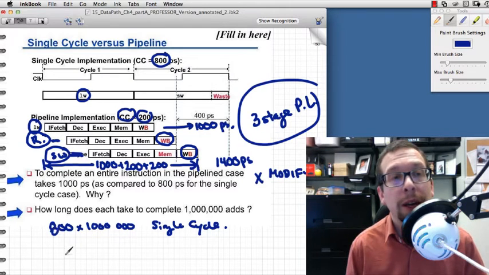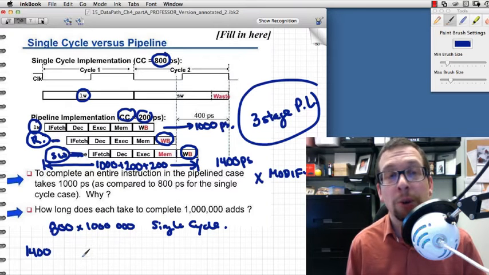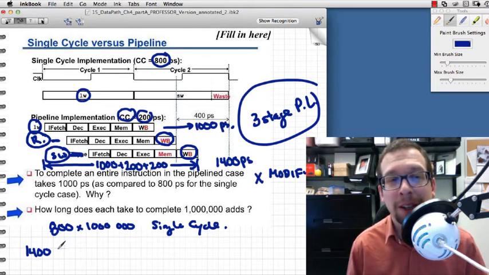For the pipelined version, it takes you 1,400 picoseconds to load up or fill the pipeline. But from there, once your pipeline is filled, every new instruction effectively only takes you 200 picoseconds incrementally. And so you multiply that by 1,000,000.